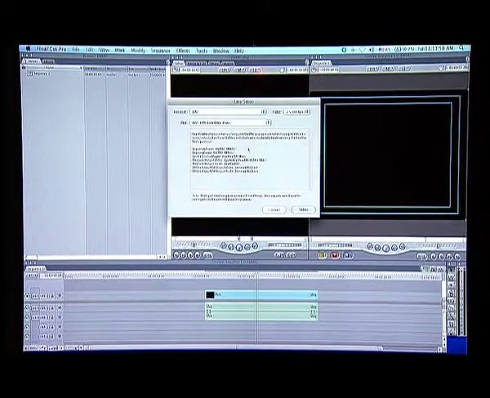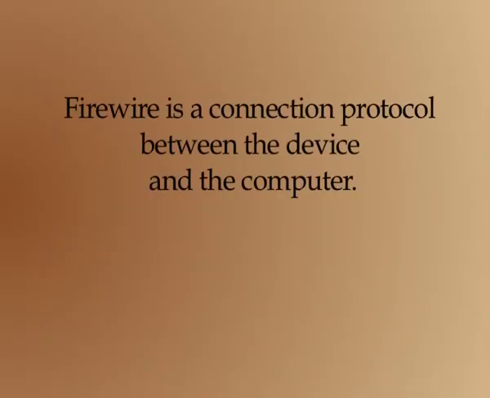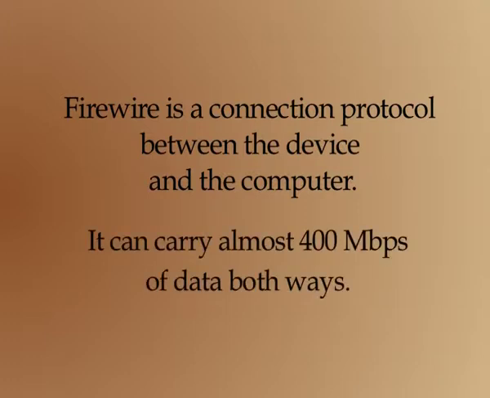But what is Firewire? Firewire is a connection protocol between your device, that is a computer in this case, and the VTR. Firewire is a special kind of a cable and a connection protocol which carries almost 400 Mbits of data both ways. (1394B) is Firewire 2, which is capable of carrying almost 800 Mbits per second.